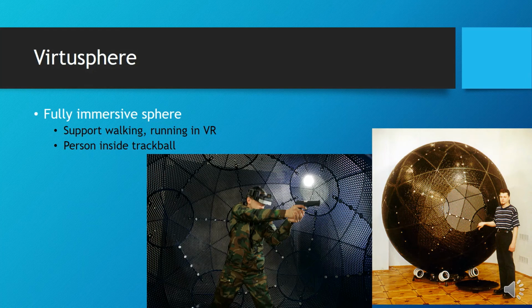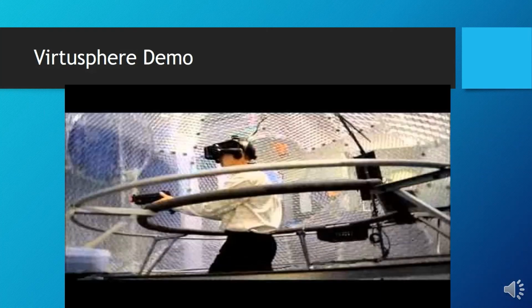It looks like a hamster ball. The user is inside, walking and running to have a fully immersive experience in the virtual reality environment. This is an example of how this Virtusphere works.